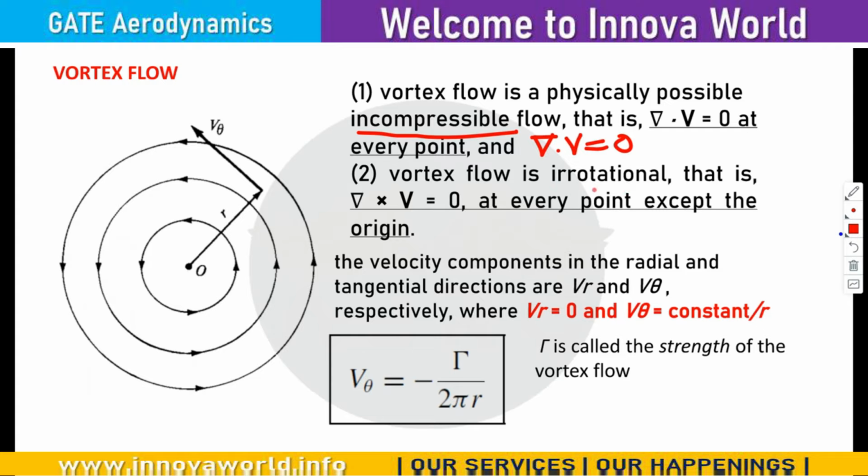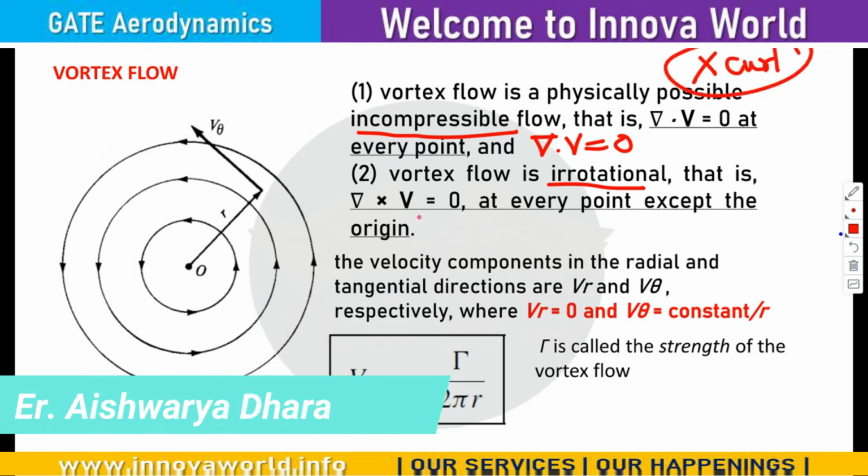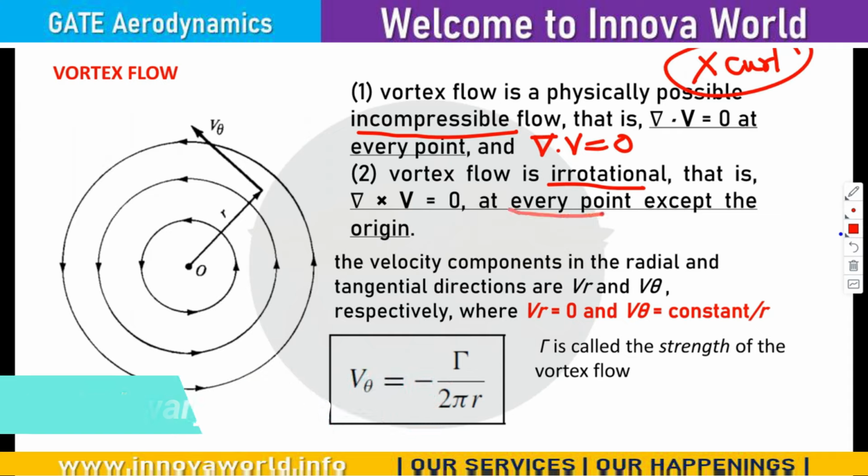Now let's look into the consideration of the irrotational flow and when it is possible. We know irrotational means del cross V, or the curl, equal to 0 at every point except at the origin.